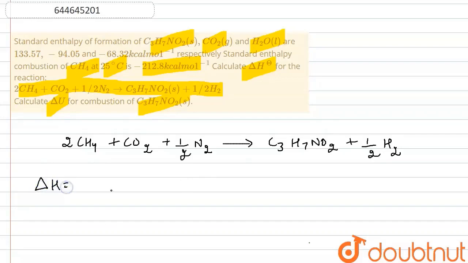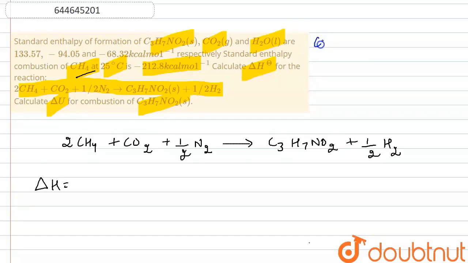That is, delta H will be equal to what? The enthalpy of formation of CO2, which is given to us, because we have been given the delta H of the reaction. What have we been given here? We have been given that the standard enthalpy of combustion of methane, that is CH4, at 25 degrees Celsius is minus 212.8 kcal per mole. So let me write down the combustion reaction of methane also.